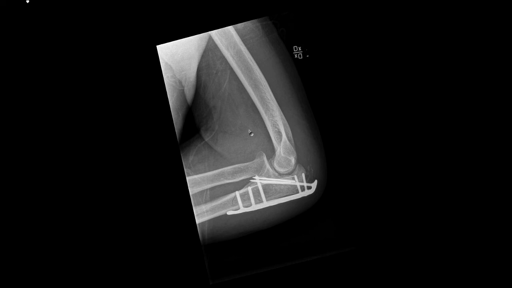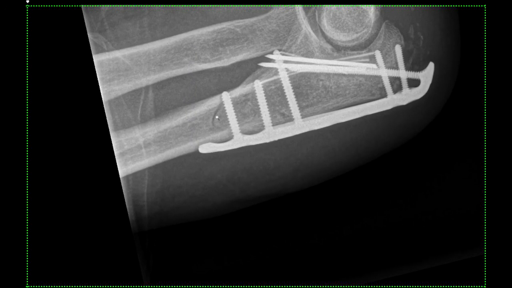I don't have the old ones to show you, but basically it looked exactly like this, except there was something here. And when you look at that, you're like, alright, fair enough. There's a radiolucent line, and you can see that there's some space there right next to this screw. So basically this poor patient had another fracture.